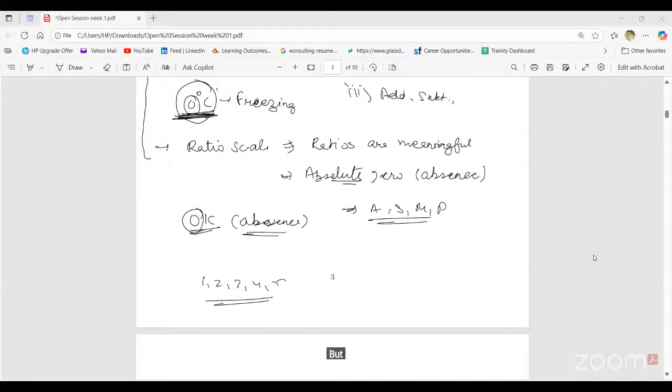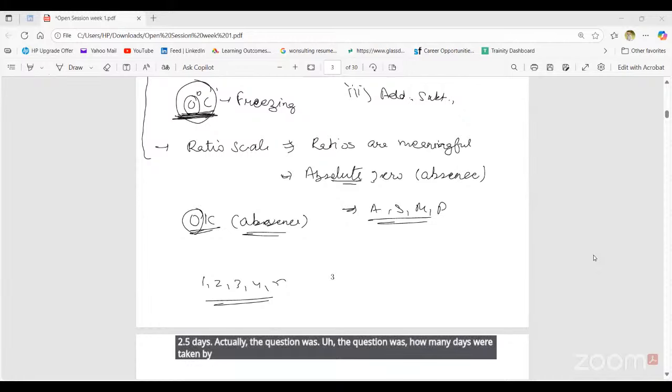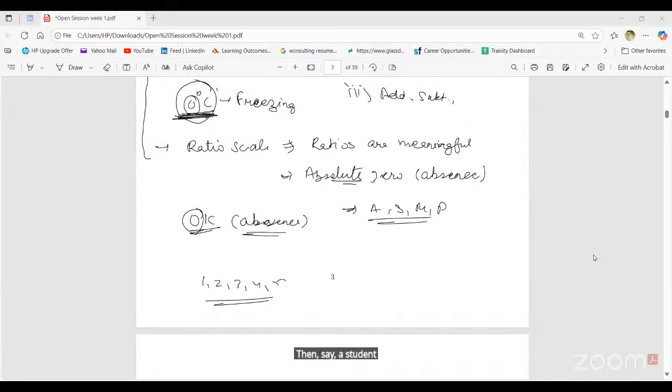Actually, it's a general follow-up to Manthan's doubt. No, I'm asking, what do you mean by 2.5? 2.5 days. The question was: how many days were taken by a student to complete a project. Okay. Say a student took 1 day, so it's countable.